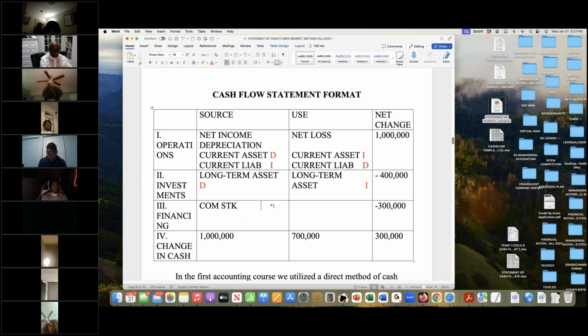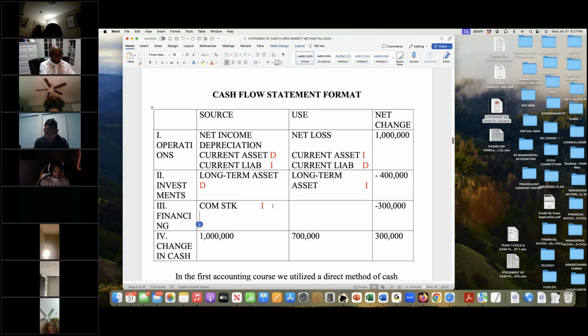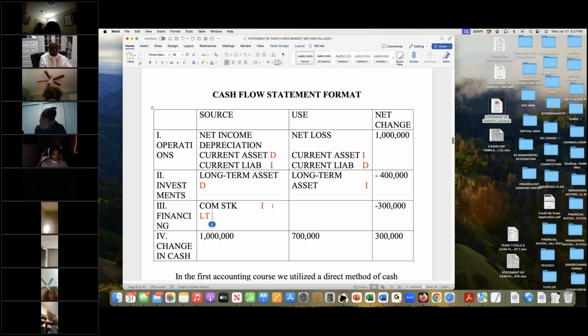And if it increases, it's a source. And long-term debt. If the long-term debt increases, it's a source.